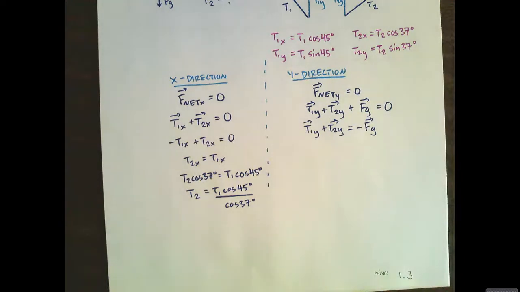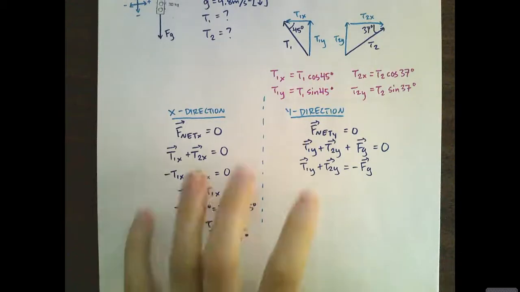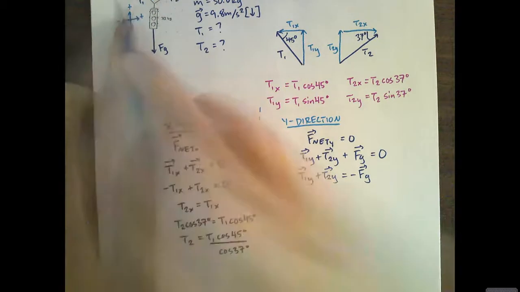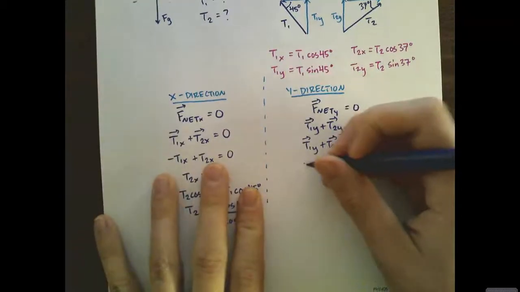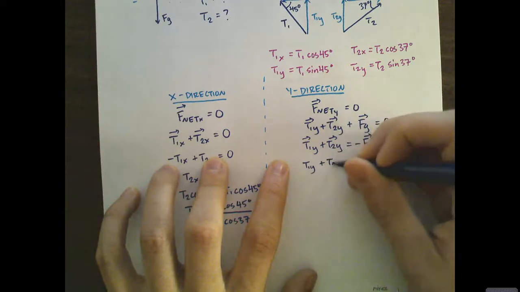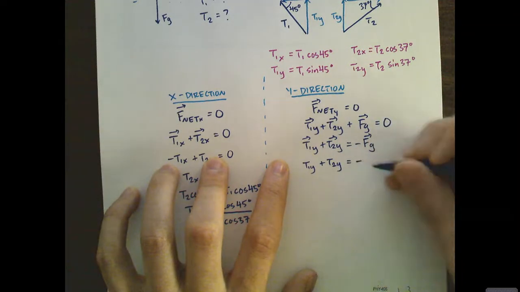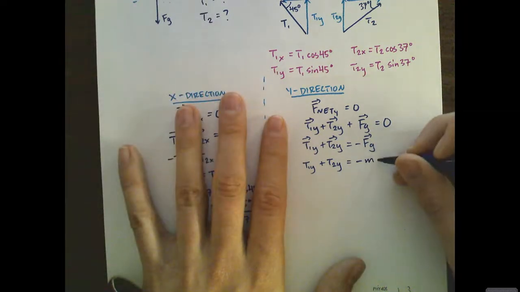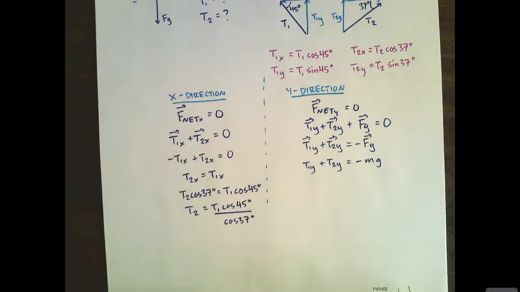And now let's replace our values where we can. T1y is in the positive direction, so that can just stay T1y, plus T2y, also in the positive direction, and negative M, which is 30. You know what? Let's just write in MG here.